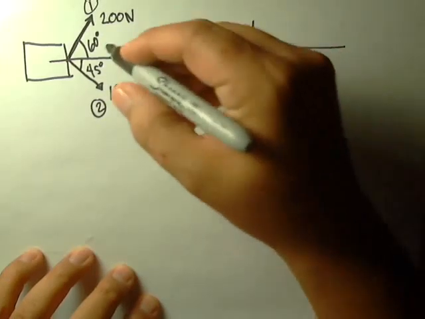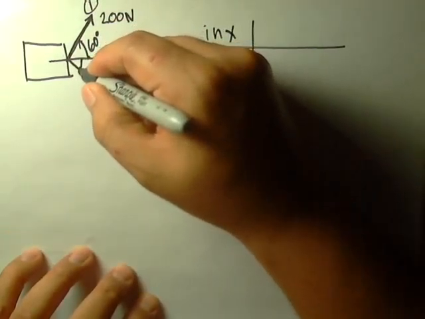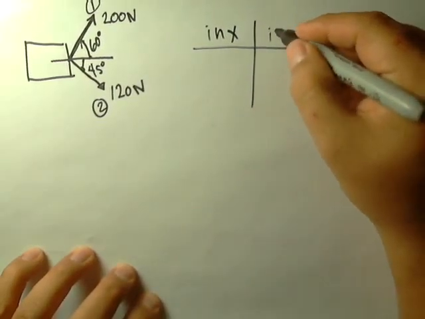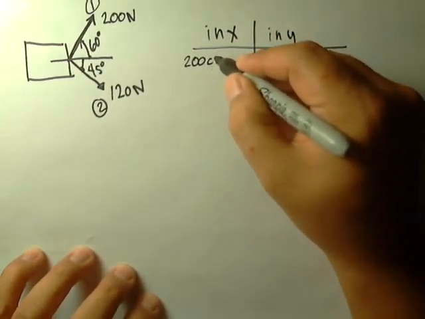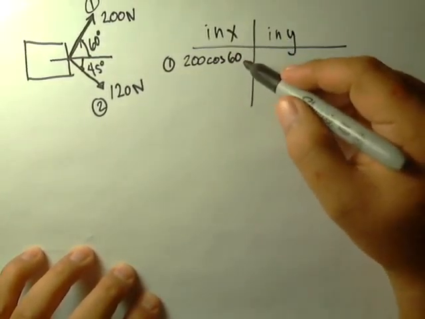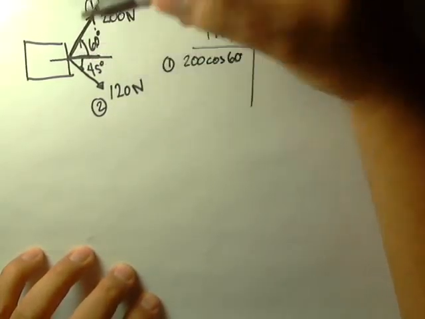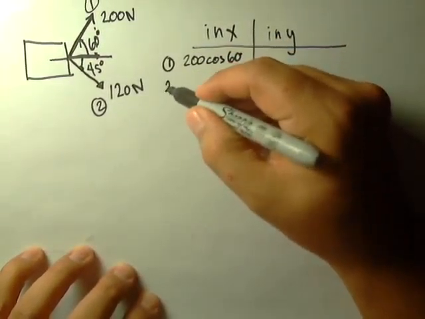It's very simple. We know that if we take the angle from the x-axis and up, or the x-axis and down, we will end up with the cosine for x and the sine for y. So here we go. We have 200 cosine of 60. That's for 1, right? That is the component of this one. Now the component in X for 2, same thing.